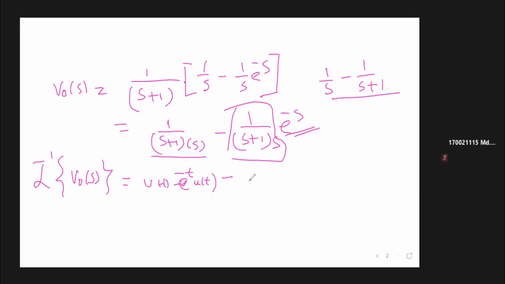So your second term will be ut minus 1 minus e to the power minus (t minus 1) u(t minus 1). That's it. Is it okay? Yes, sir.